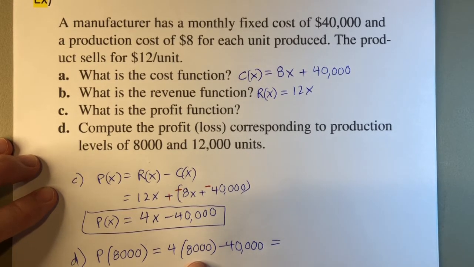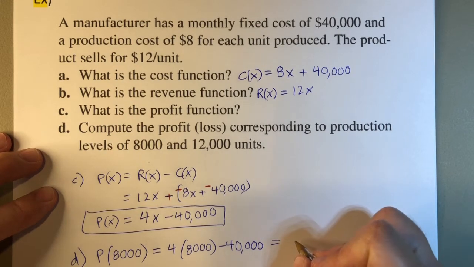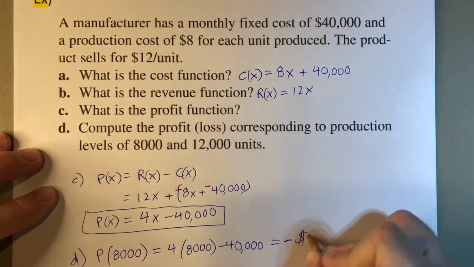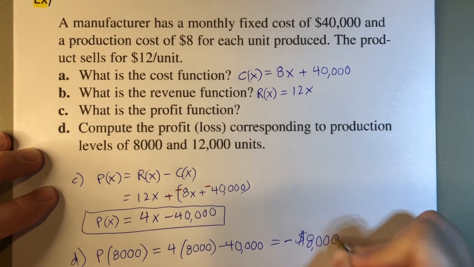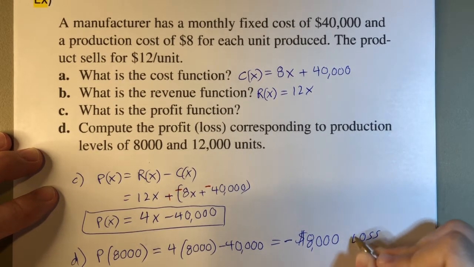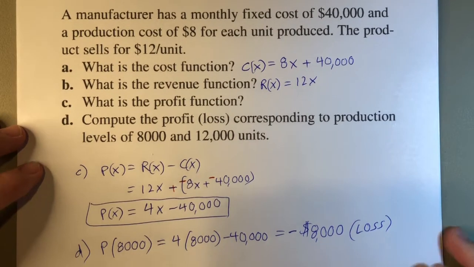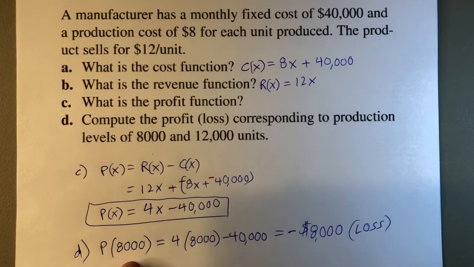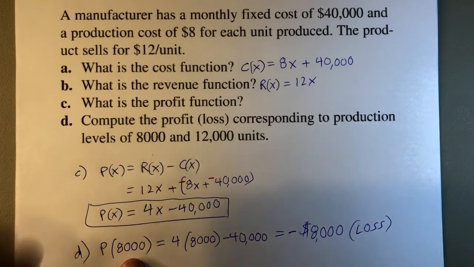That's 32,000 minus 40,000, which is actually negative $8,000. So guys, this is a loss. Just producing this number of X units of whatever the commodity is will result in a net loss in profit. You've got to sell more than this to make a profit.